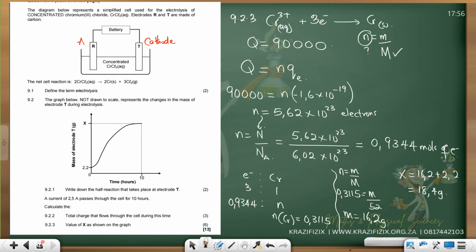Guys, please know how to pull those formulas together. Know what each symbol means, especially that N. The N is my problem: number of moles and number of electrons. That's why I gave you that page with the formulas for each of those.